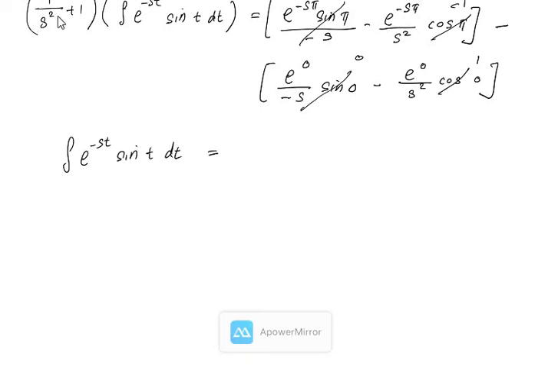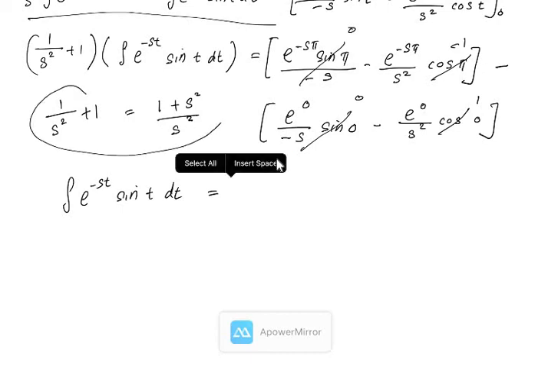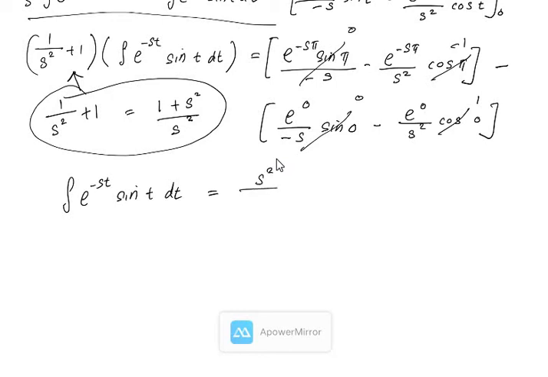I move this one to the right hand side, so 1 over s squared plus 1 is equal to 1 plus s squared divided by s squared. So I move this to the right hand side, and it becomes s squared divided by 1 plus s squared.